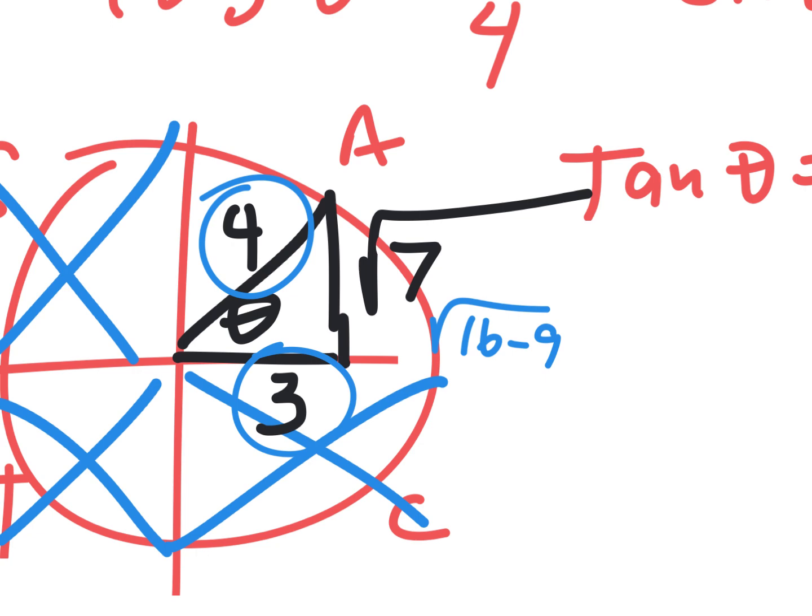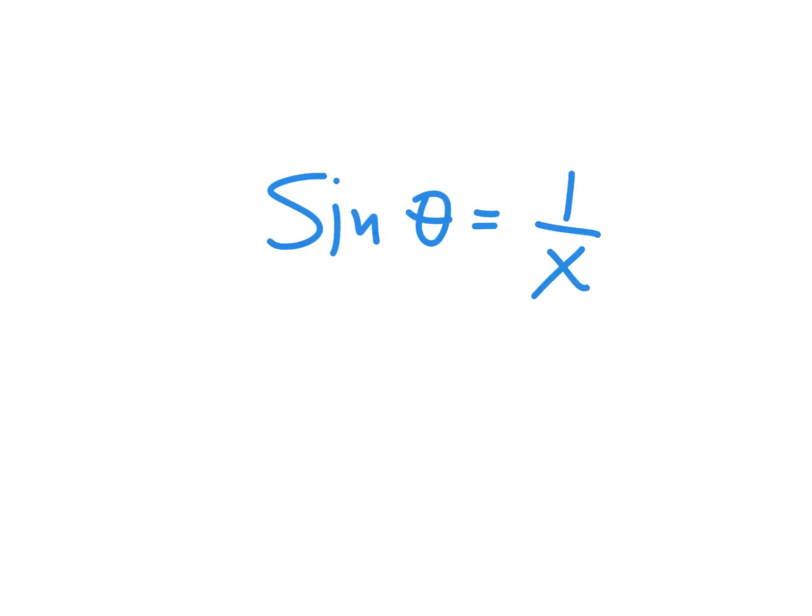Okay, so that's very similar to this one. Everybody write this down. Sine of this angle is 1 over x. This is the first time where you've ever done one where you didn't know the side and they called it x. But in my opinion, it's exactly like the last one you just did.